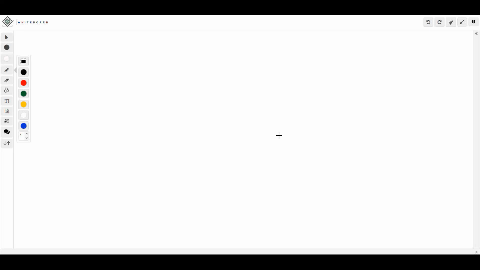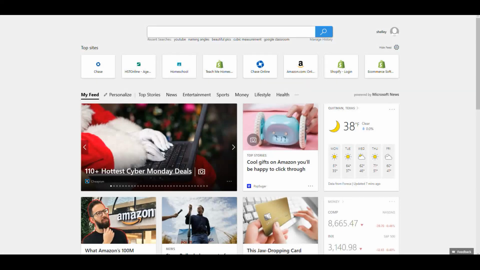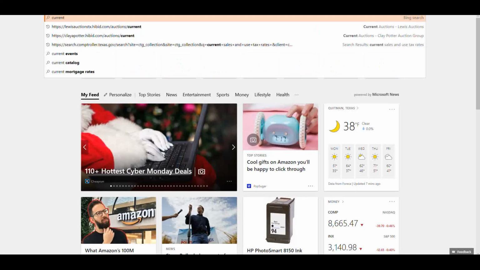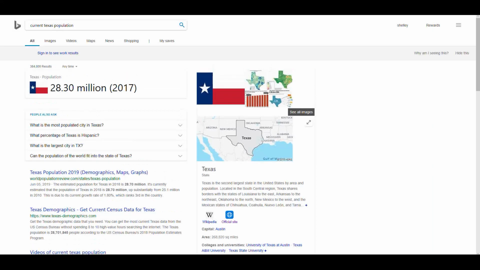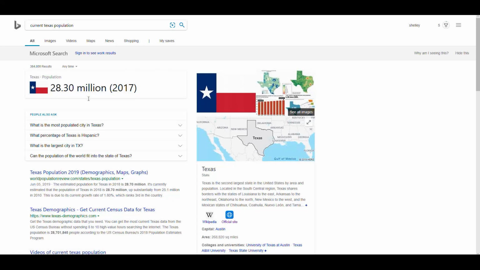Now on B it says, then find the population of your state and the current population of Australia and write a ratio showing Australia's current population compared to your state. So Australia compared to our state, which would be Texas. Let's see what it is. Current Texas population, 28.3 million. We'll just round it and say 28 million.